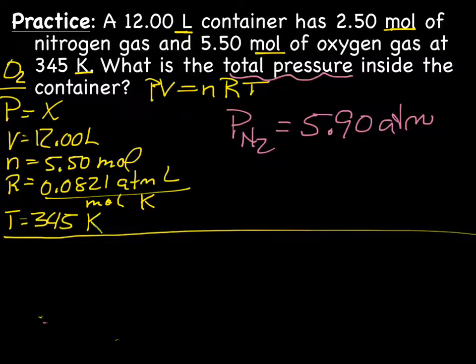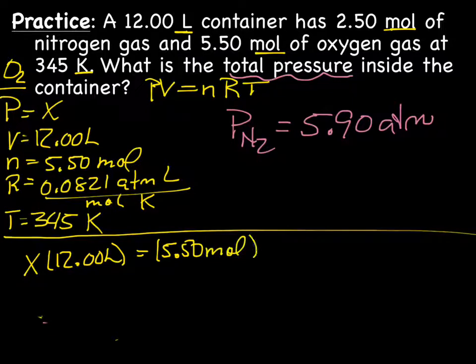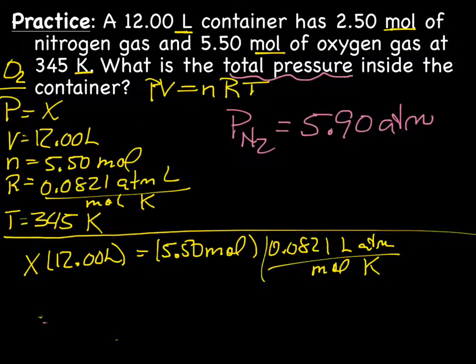All right, let's solve again, this time for oxygen. So we have P times V equals n times R times T.